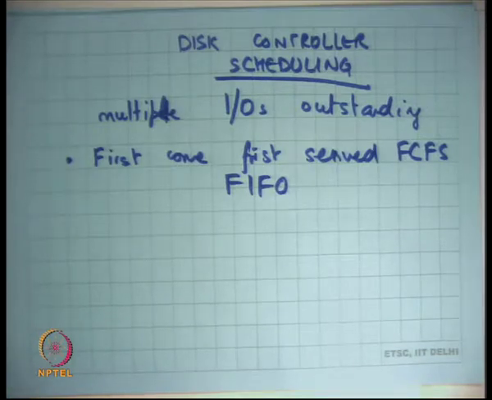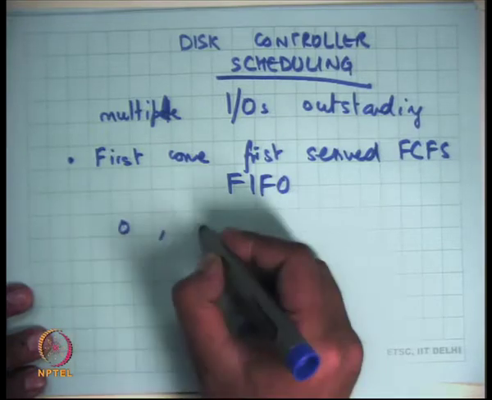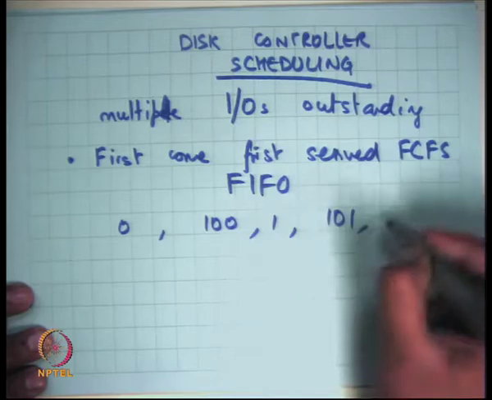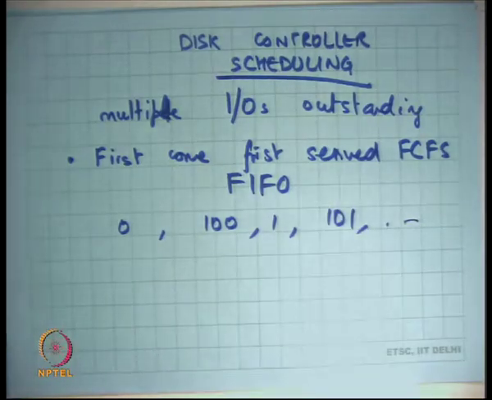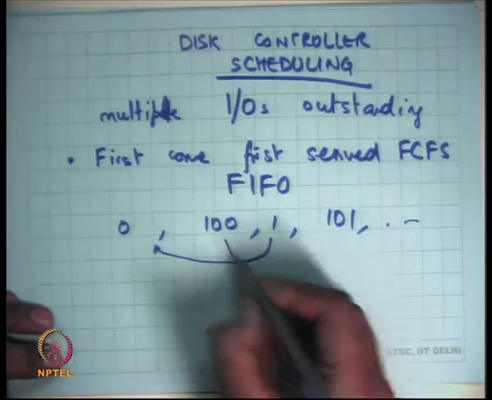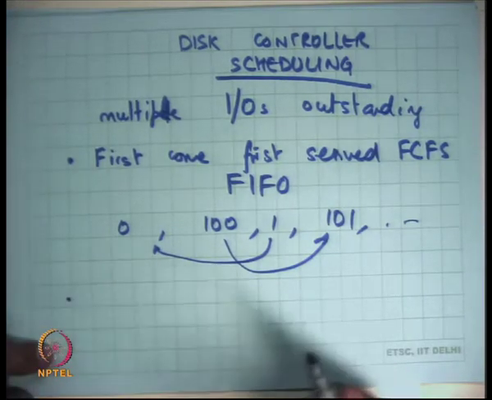Let's say there were alternate requests, one for track 0 and another for track 100, and then there is a 1, then 101 and so on. Then you're doing a lot of seeks, spending a lot of time doing seeks. The better thing would have been to do 0 and 1 together and 100 and 101 together. FIFO is fair, but it completely ignores location.